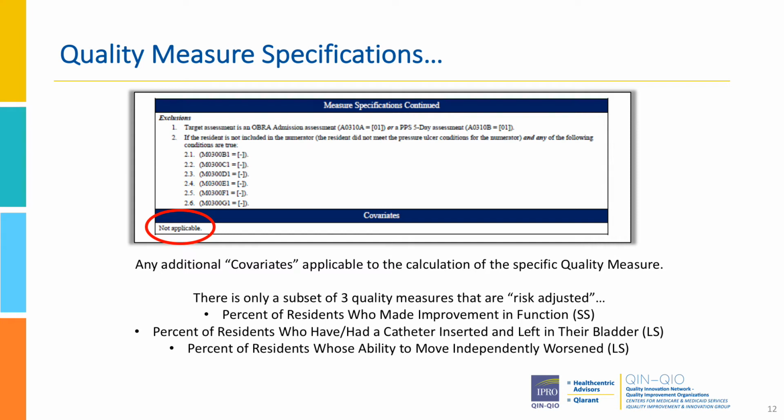In this example for the high-risk pressure ulcer quality measure, there are no covariates, so there is no risk adjustment. If applicable to the individual quality measure, the covariates are detailed down to the individual MDS item coding.